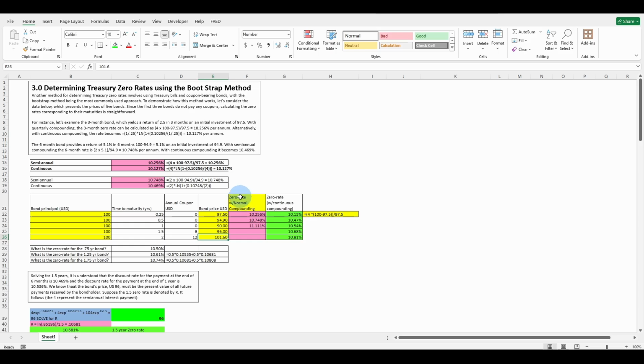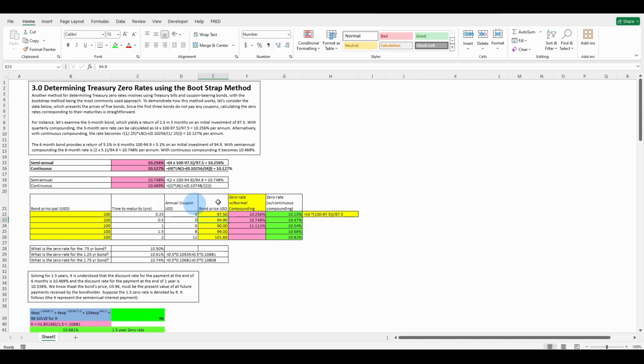So our zero rate with normal compounding is 4 times (100 minus 97.5) divided by 97.5. Straightforward. Our zero with continuous compounding is 10.13. Here we have 10.748 based on this bond price. We would go back to that treasury. Let's assume those were par pricing.